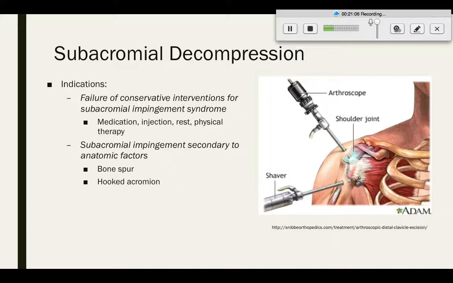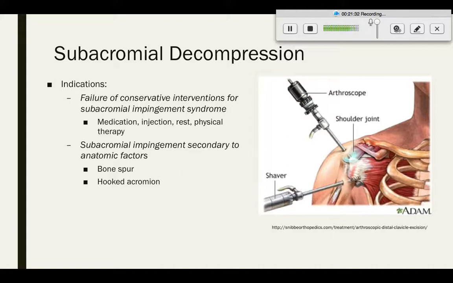I've seen a variety of specific anatomic factors addressed via the surgery, which include resecting the coracoacromial ligament, performing an anterior acromioplasty, resecting the distal end of the clavicle, just resecting any osteophytes that are at the AC joint, or performing a bursectomy where they actually take out the bursa.